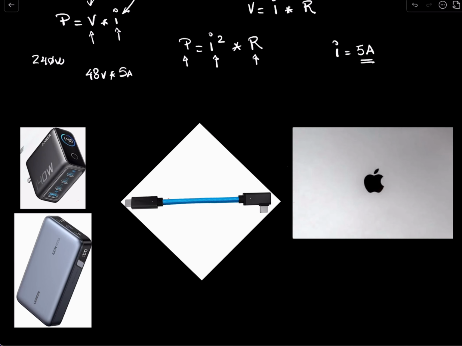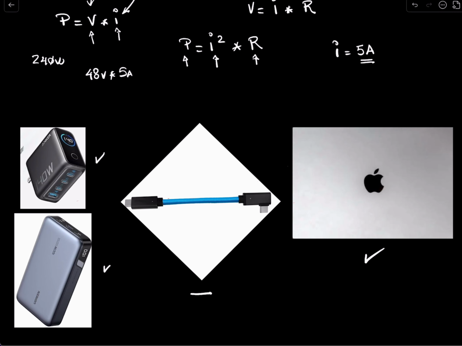So power delivery is kind of a little bit of a menu dance in which the device that wants to receive all that energy needs to ask, through the cable that goes across either the power bank or the USB-C charger that you plug in the wall. It needs to say, well, can you deliver to me 240 watts, or 60 watts, or 100 watts, or what are the options that you have?